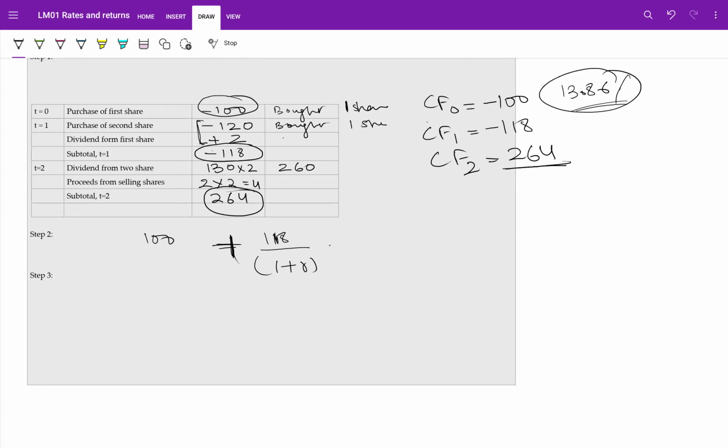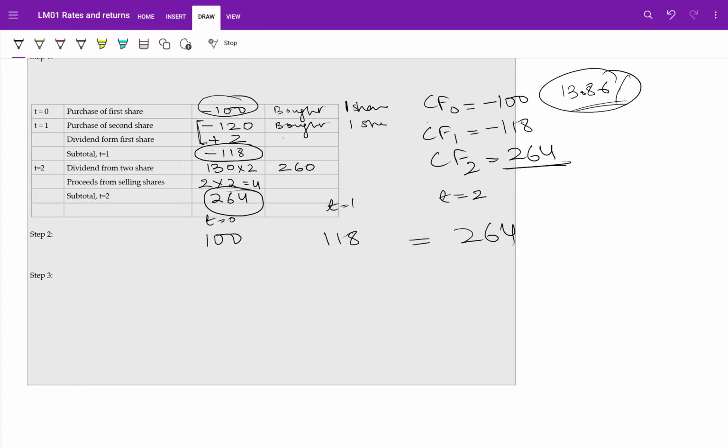The cash inflow is 264 at time two. This is time two, this is time one, and this is time zero.